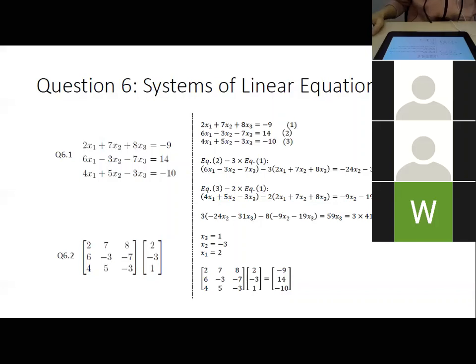Actually, there are some tricks, and if you like to know, you can type your emails on the screen, or you can send me emails after the tutorial. I can send you more about how to use matrices to solve the equation. But actually, I think Dr. Wang will teach you about this in the following lecture. Okay, thank you.